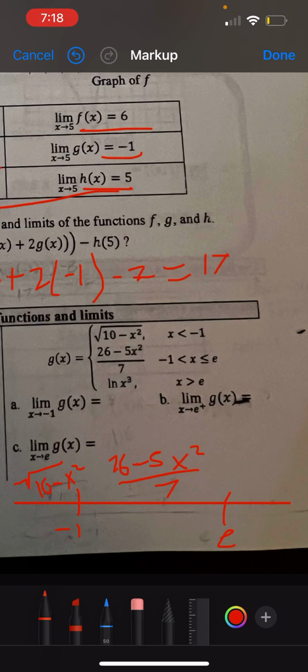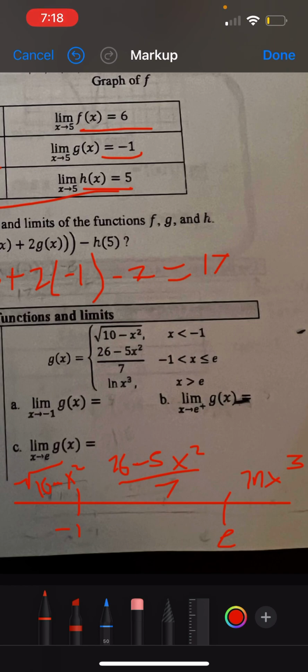And then this last one is x cubed. And then from here, we could just do the plugging in. So this one is as it approaches negative 1, so we have to see if it equals that from the left and the right. So from the left, we plug in negative 1, so it would be plus 1, but back to a negative 1, so it'd be 9.